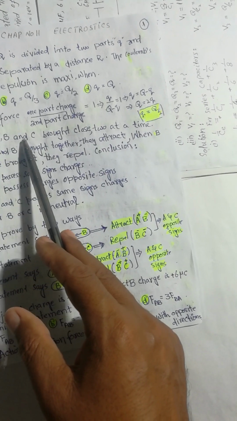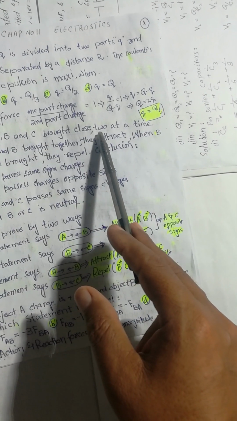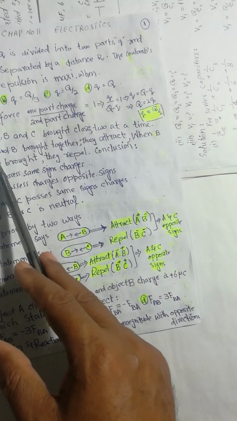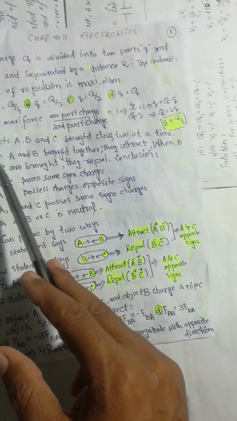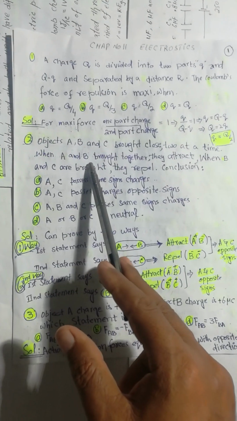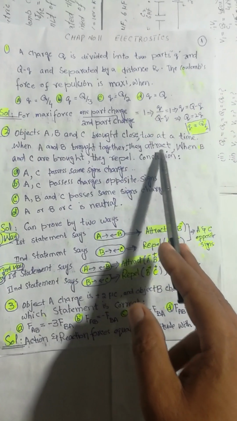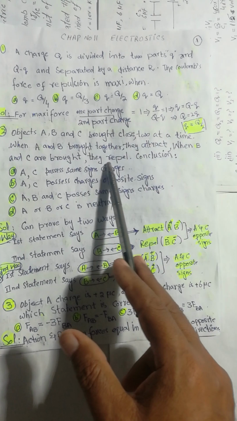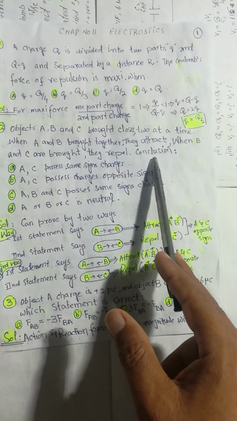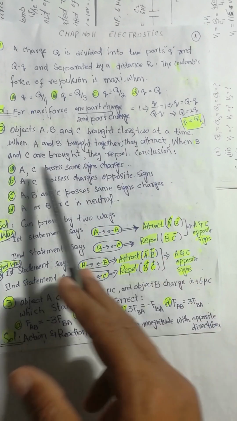Three objects A, B, C are brought together, two at a time. When A and B are brought together, they attract. When B and C are brought together, they repel. What is the conclusion?